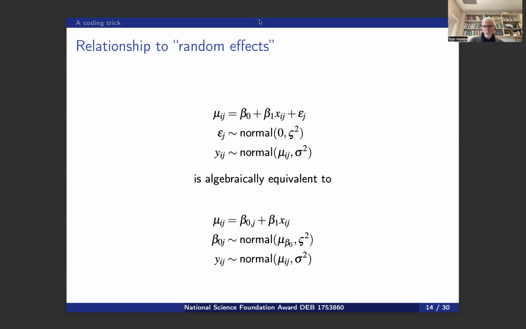The other reason that this is important is that the upper model, the traditional random effects model, depends on additive errors. And there are models for which errors are not additive, for example, for random variables that have to be strictly positive. I'm going to focus on models that use the form below, but you should know that these are algebraically equivalent to the random effects approach.